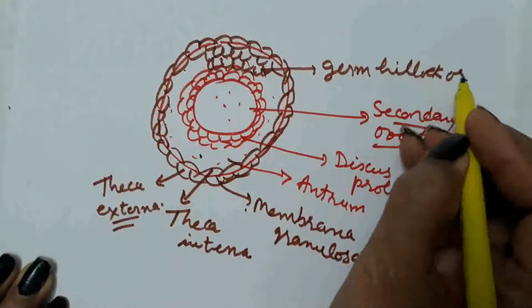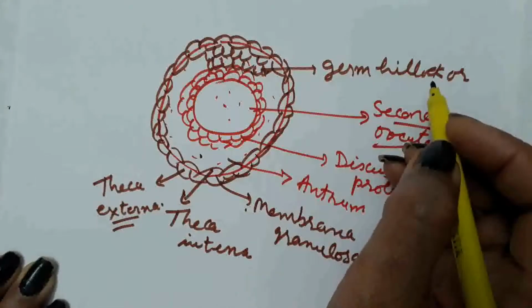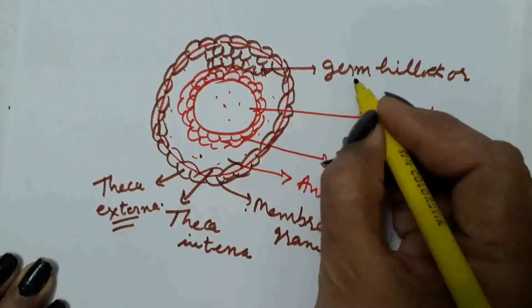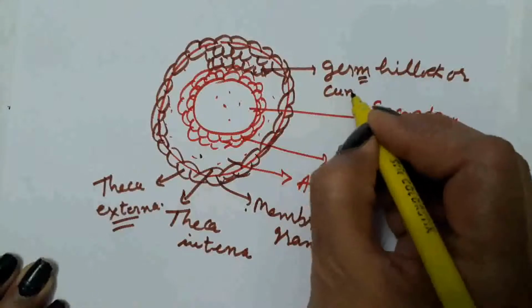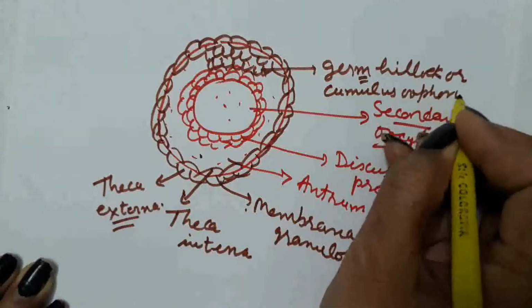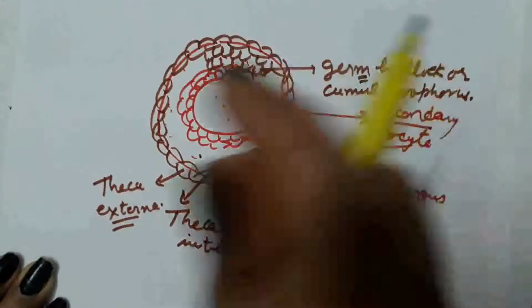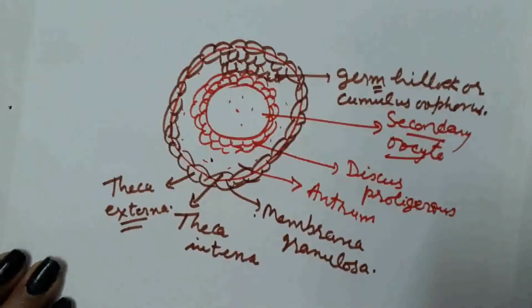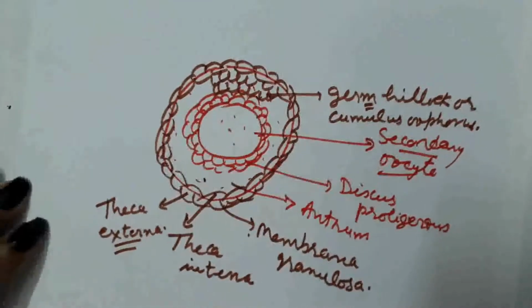Another name for germ hillock is the cumulus oophorus. So this is the structure of Graafian follicle, in the center of which is the secondary oocyte.